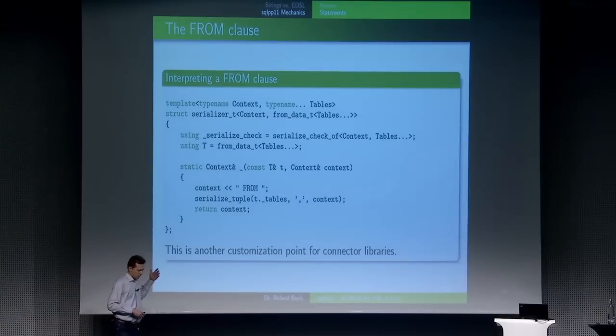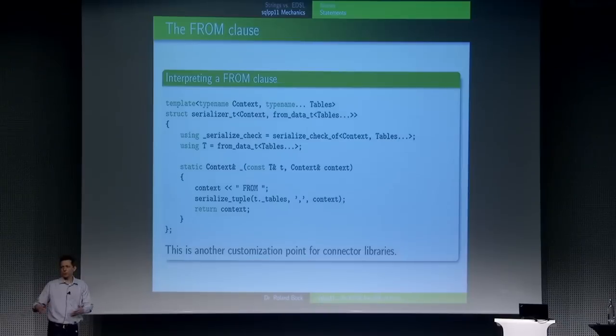Okay. So the next thing about things that you can put into statements is a serializer, obviously, because these elements in the statement have to be represented as strings for most database backends. Serializers are typically very simple.